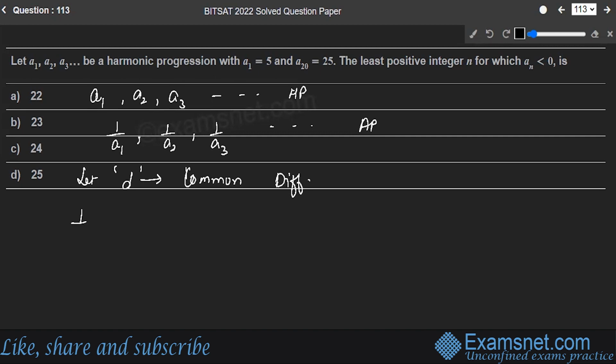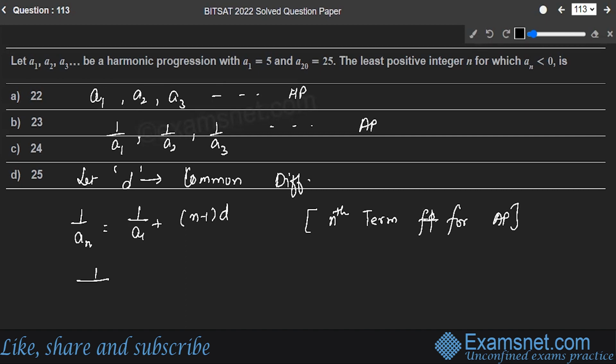So that makes 1 upon an is equal to 1 upon a1 plus n minus 1 into d, the nth term formula for AP. So you have 1 upon a20 is equal to 1 upon a1 plus 20 minus 1 into d.